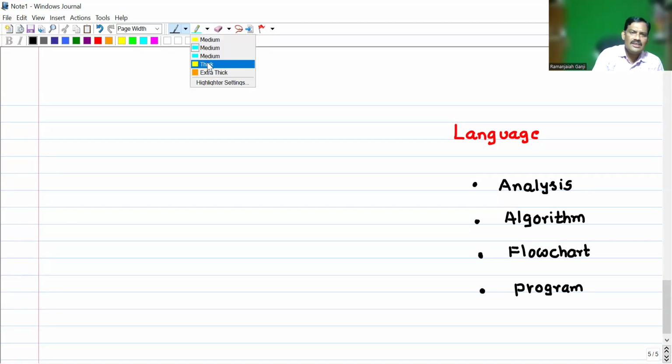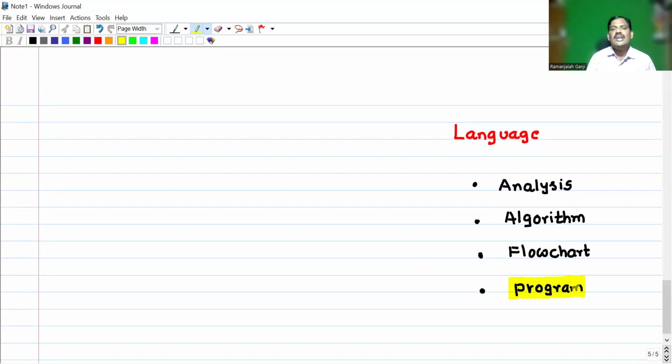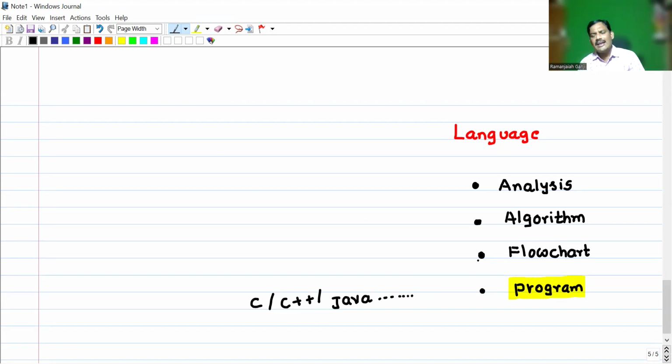If you want to learn programming, you may write the program using any of the languages. It may be C, C++, Java, Python, or so forth. But analysis, algorithm, and flowchart are common for any language.